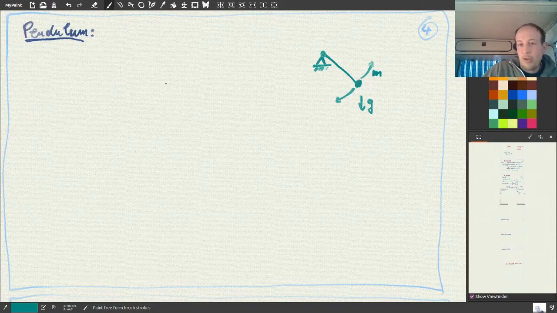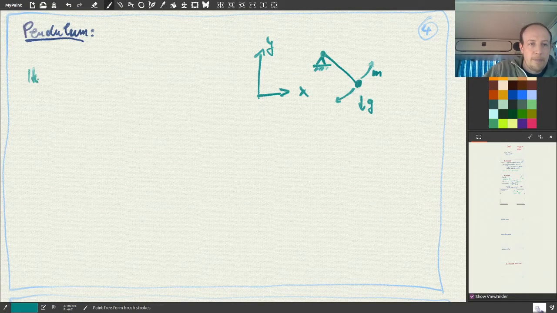Again, Newton still applies, because Newton applies everywhere, unless we are very small or very large, but here we're in normal dimensions, so Newton's law will apply. Again, as I said, it's very important to have a coordinate system. We will again use x and y coordinates. So how to model?